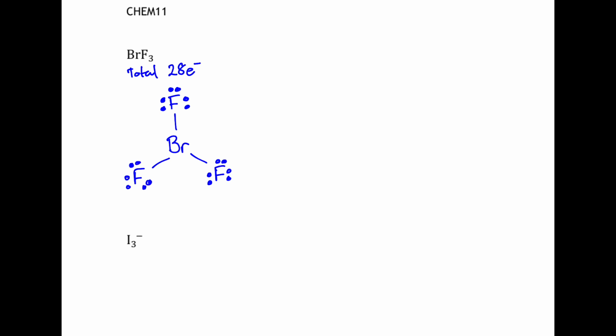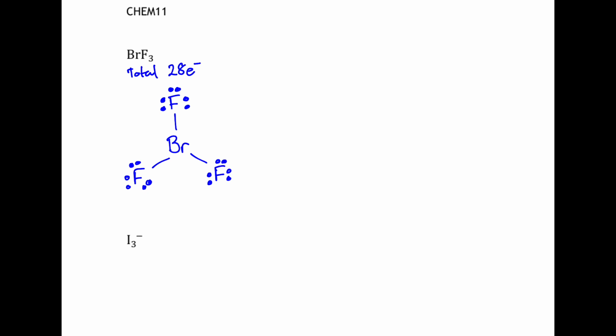Each of the fluorines gets filled up, so each sees a fancy octet. And then we just have to put all the extra ones on the bromine. Bromine normally only wants 8, but bromine is in row 4, so it can definitely take them if it has to.